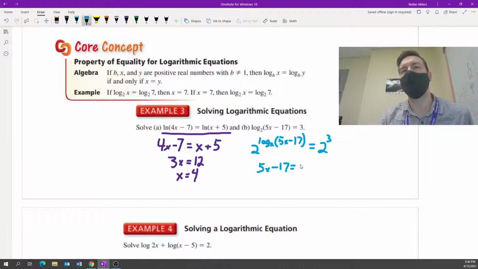And 2 to the third power is just 8. So we can solve this very easily. Add the 17 over. You'll get 25. Divide by 5. And you'll get x equals 5.